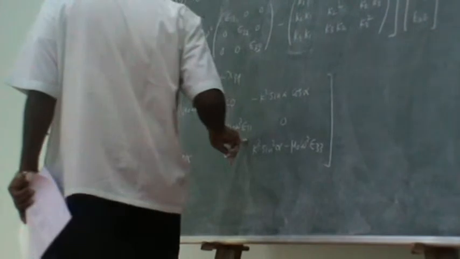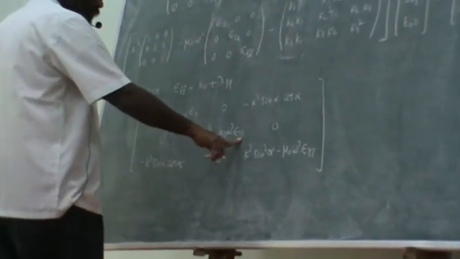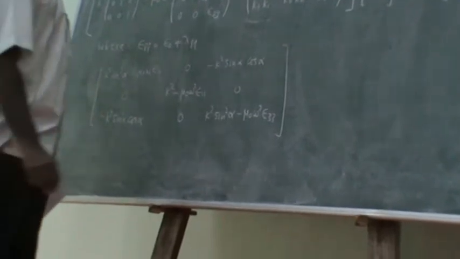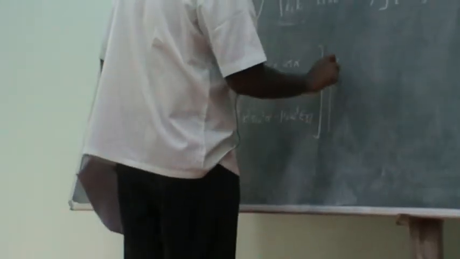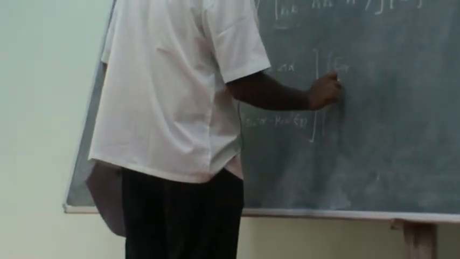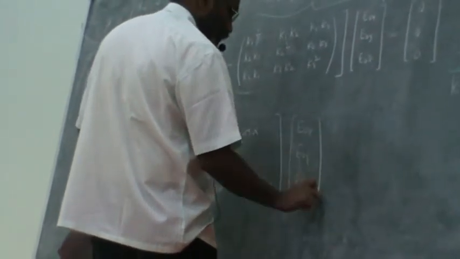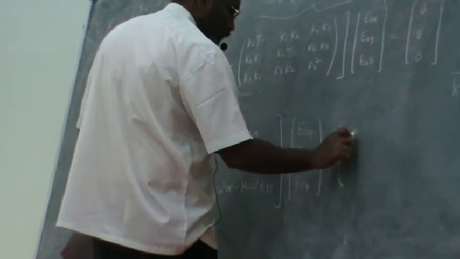I don't have epsilon 2, because epsilon 2 is the same as epsilon 1. That is one assumption, and because of the second assumption, with sine alpha cos alpha, I will get these four zeros. So this matrix into E0x, E0y, E0z is equal to 0.